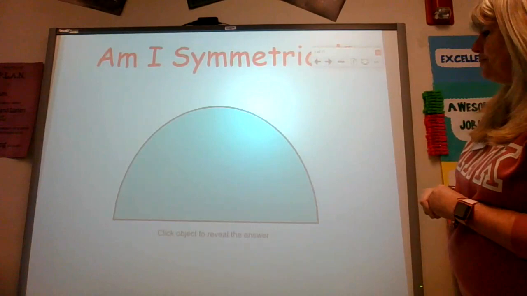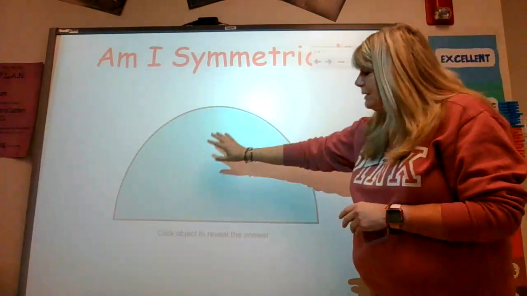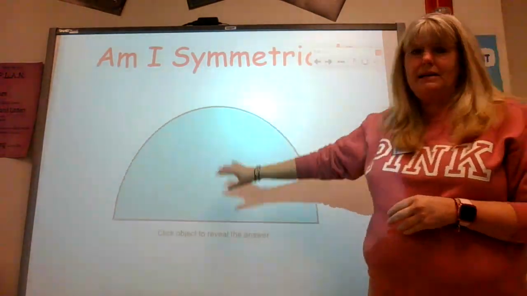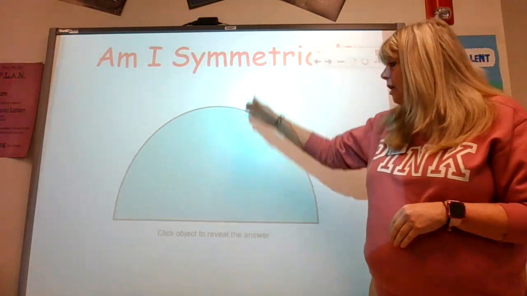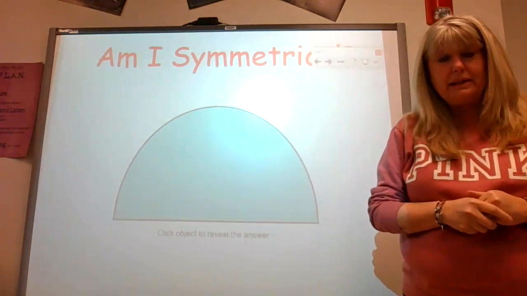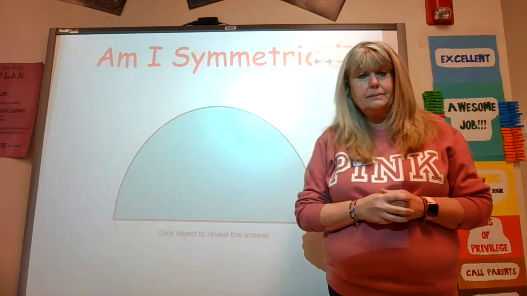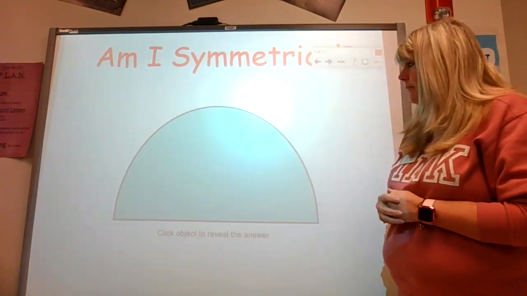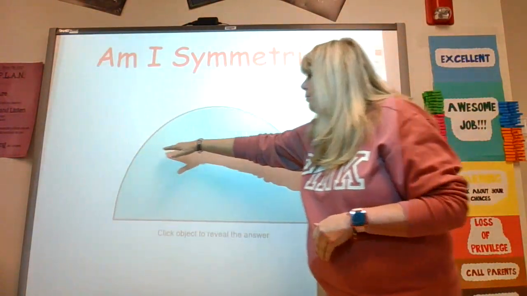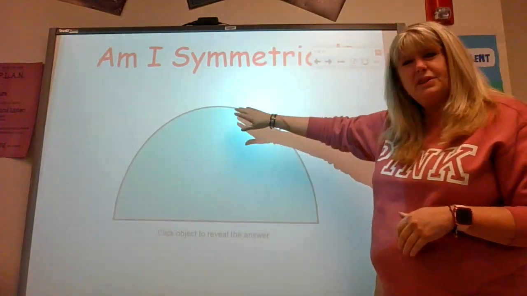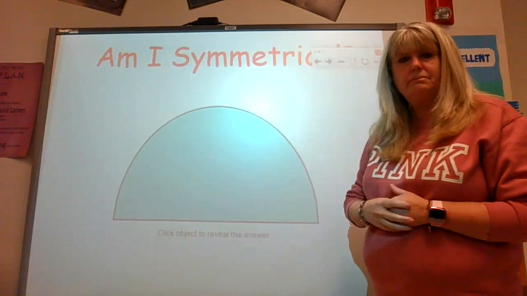Okay, am I symmetrical? Let's look at this one. Now, look at this object right here. Is there any way that I can draw a line or fold it in order to make it symmetrical? Well, if you thought about making a horizontal line right across here, would the top match the bottom?